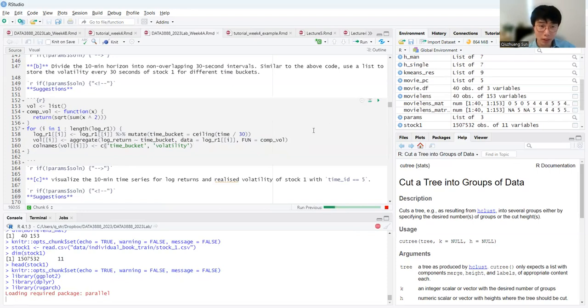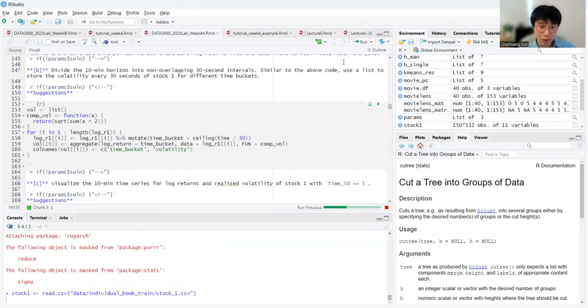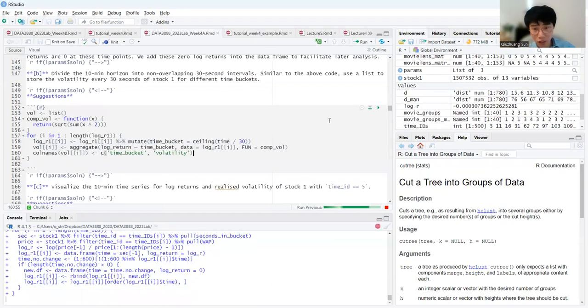It takes some time because the data is very large. After I finish running all these code chunks, I will have the realized volatility for stock one, corresponding to its first 500 time IDs.